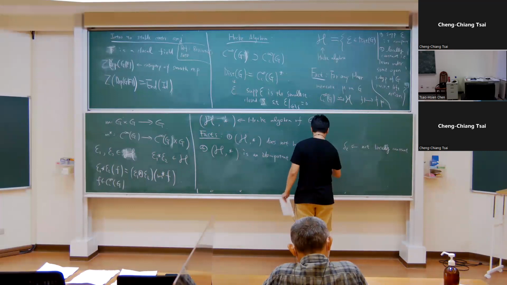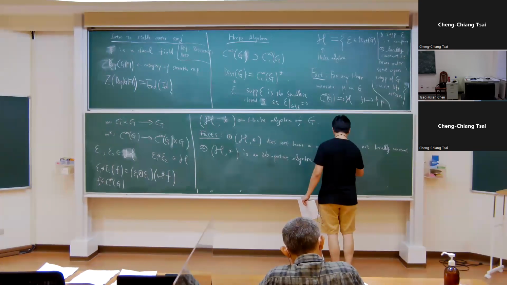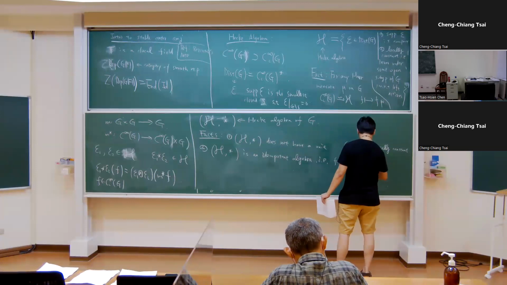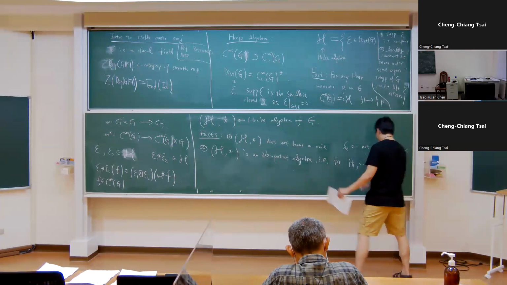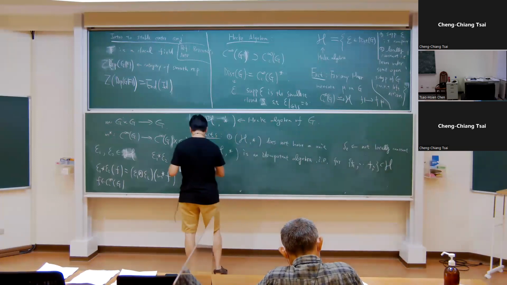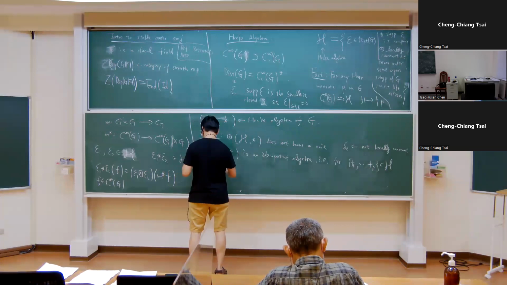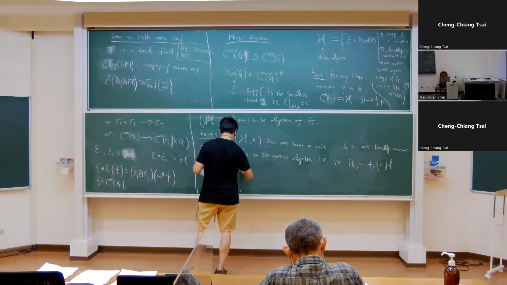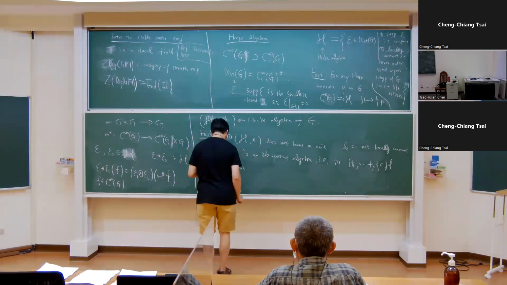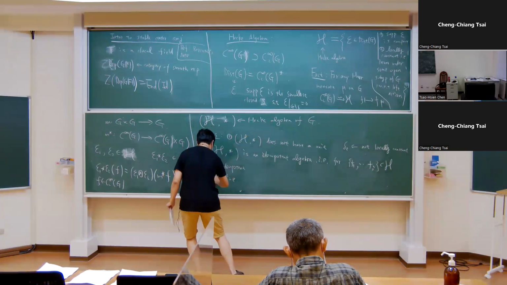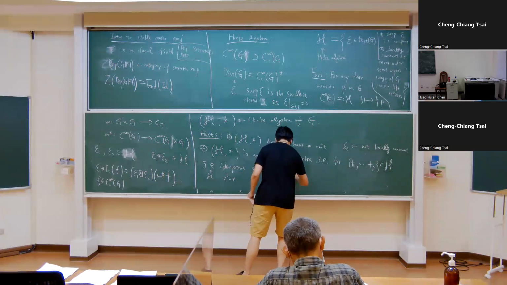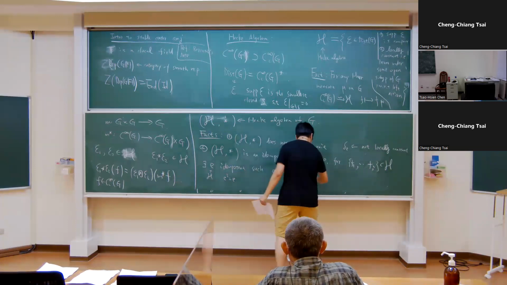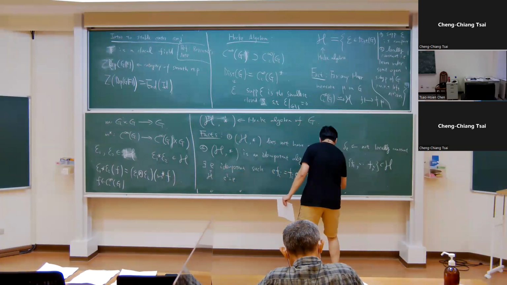So for every finite collection f1 to fj inside H, you can find an idempotent, i.e. e squared is equal to e, in H such that e fi is fi e for all i from 1 to j.